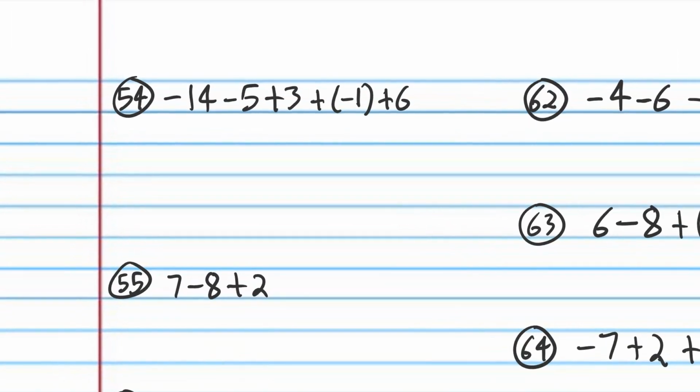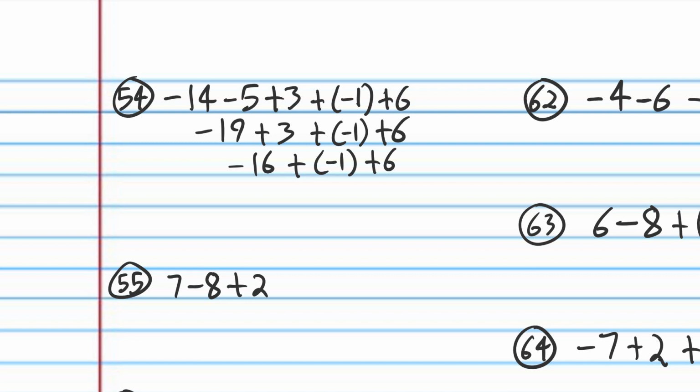Negative 14 minus 5 is negative 19. Negative 19 plus 3 is negative 16. And negative 16 plus negative 1 is negative 17. Whoops.